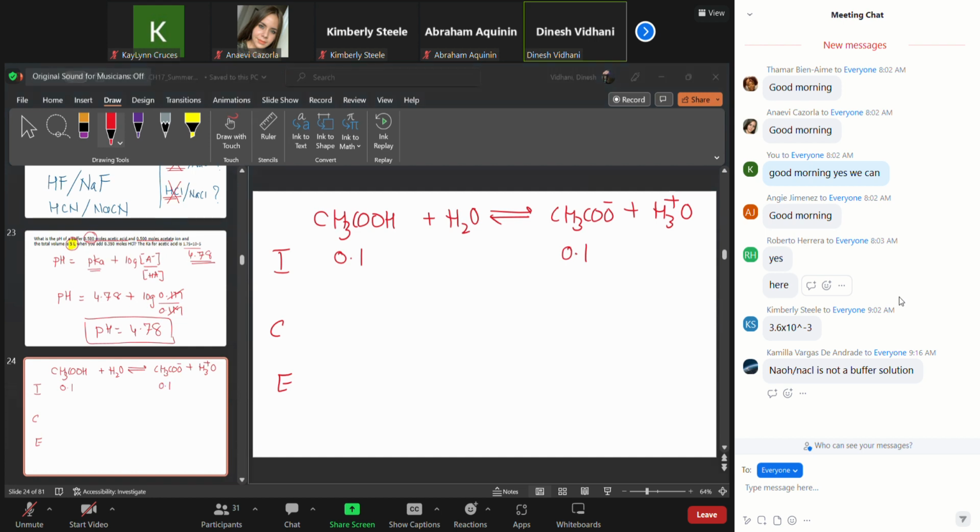Now, can you tell me how much hydronium ion do I have at equilibrium? Any guess on that? Think about it.